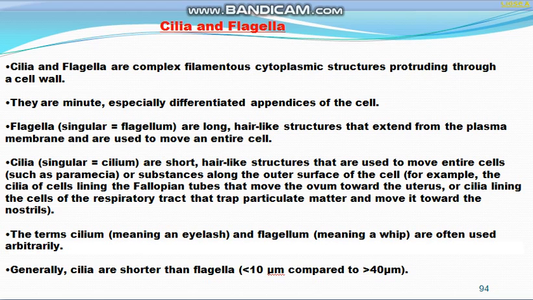The term cilium means eyelash, and flagellum means a whip or a stick. So cilia and flagella are basically used for movement, and cilia are shorter in size and flagella are longer as compared to cilia.